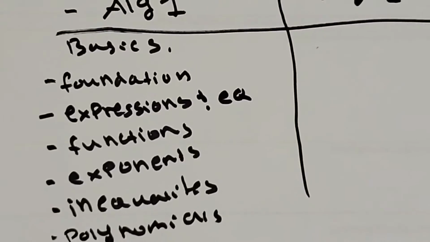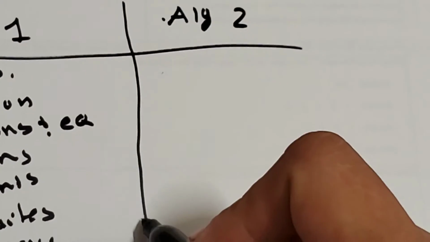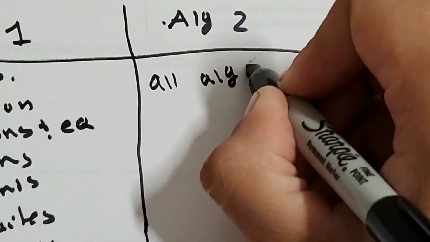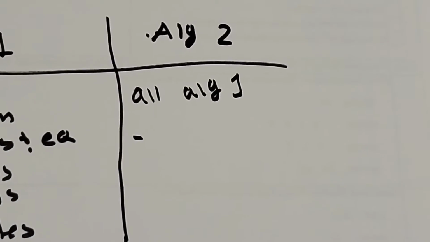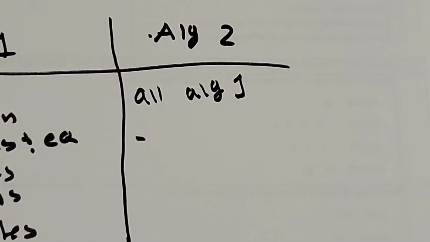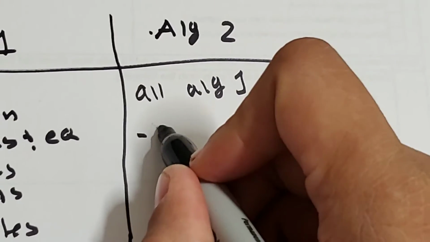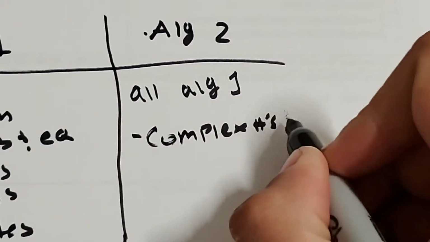So in Algebra 2, we expand upon the ideas of everything in Algebra 1, but we also introduce you to complex numbers and quadratics.